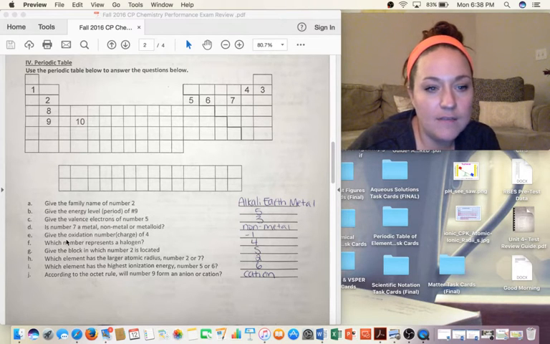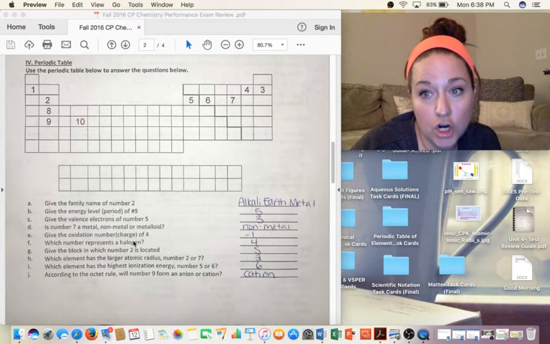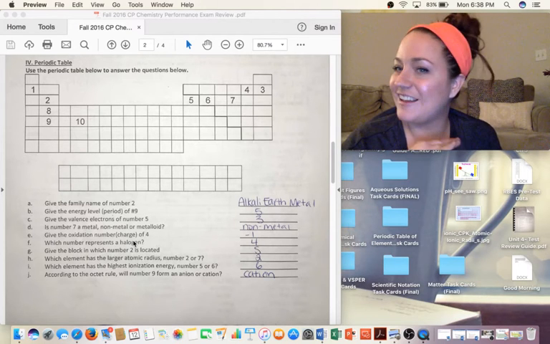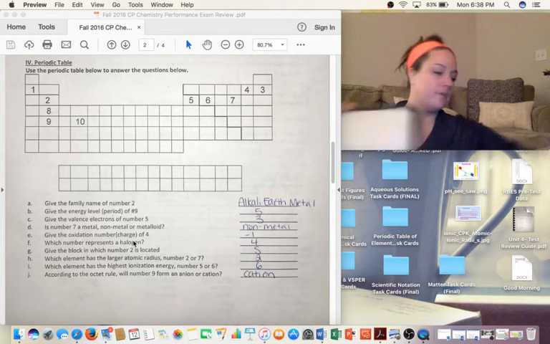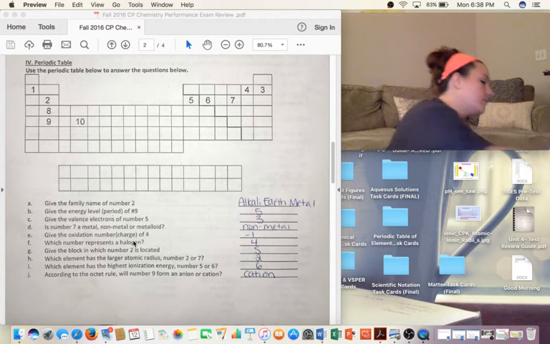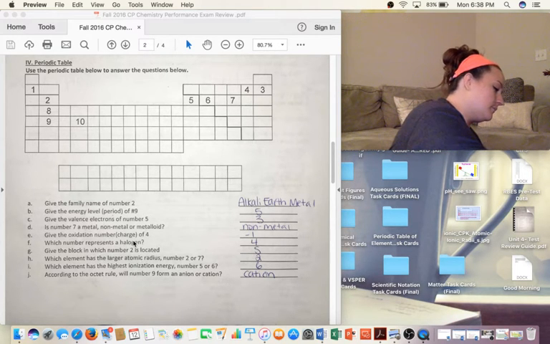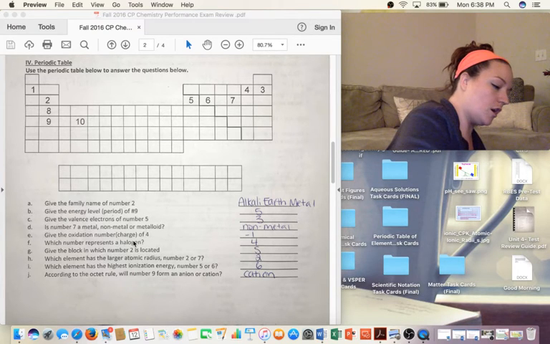All right, give the oxidation number, the charge. Guys, I cannot express this enough to you, and I have my cute little board to even write it out. So, oxidation numbers equals ionic charge.